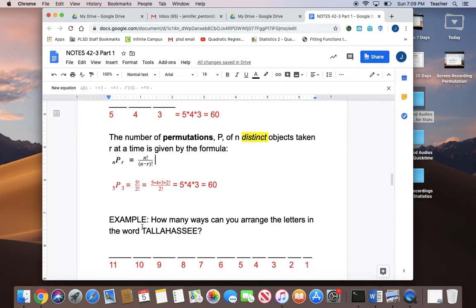But there's a difference. Not all of these letters are distinct. You have 3 A's. So not all the letters are distinct. You have 2 L's.